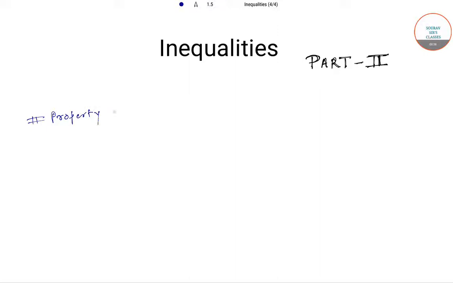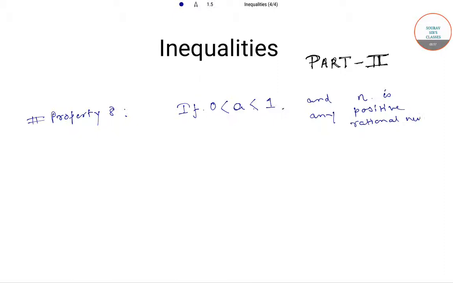Property 8 states that if a lies between 0 and 1, and n is any positive rational number, then a raised to the power n would be less than 1 and greater than 0.